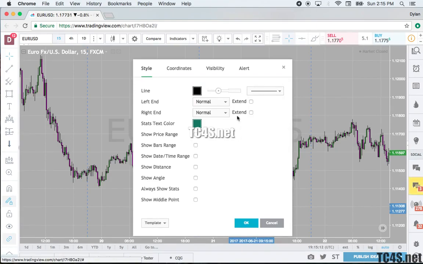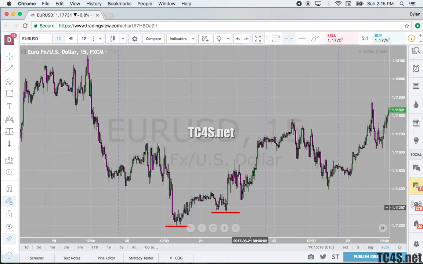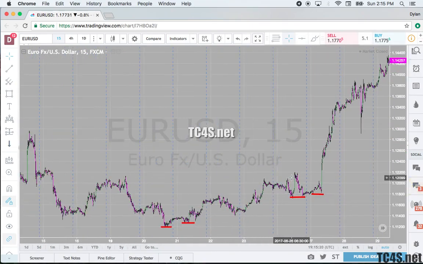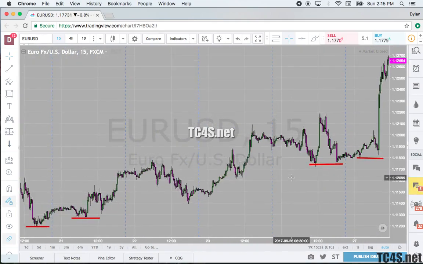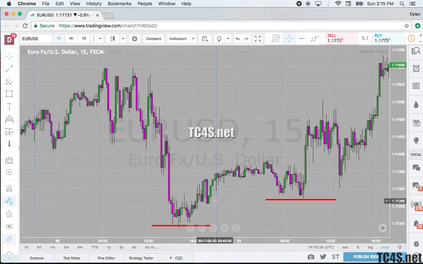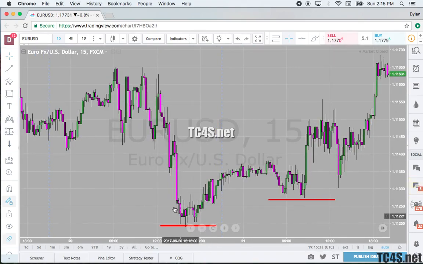Now, what is so unique about these trades is that you can trade them with very small stop loss. So, for example, take this W formation. We can see it is New York session.